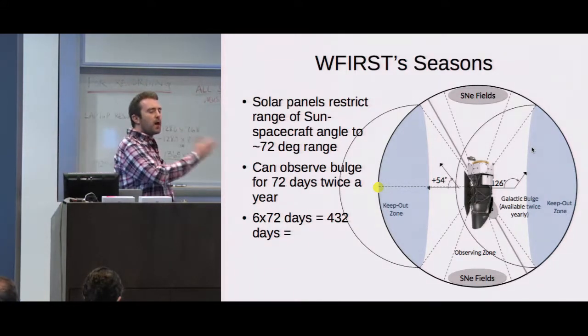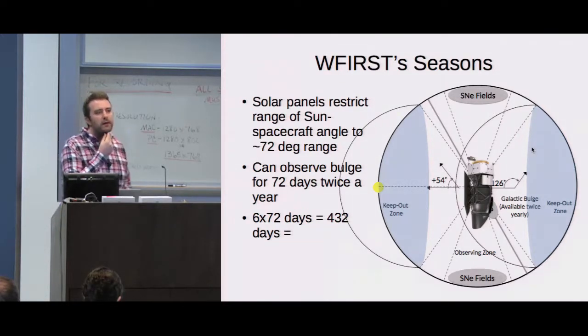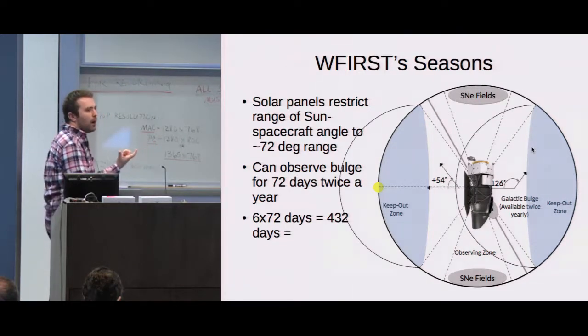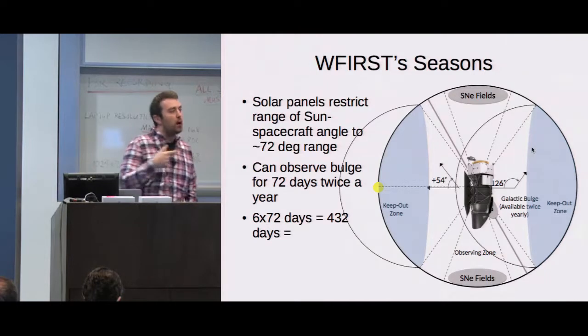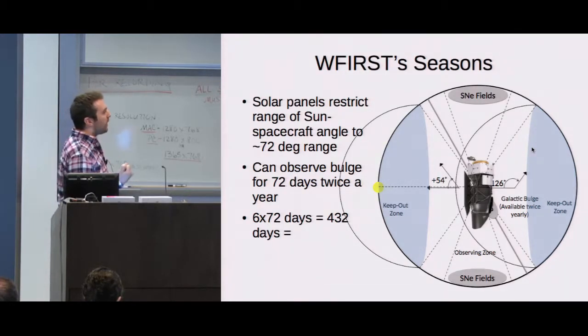So going back to the timescales of events, we have a typical timescale of 30 days for a microlensing event. This means that it's long enough that you can monitor a significant fraction, if not all of a typical microlensing event, which is important for getting the parameters of that event out.